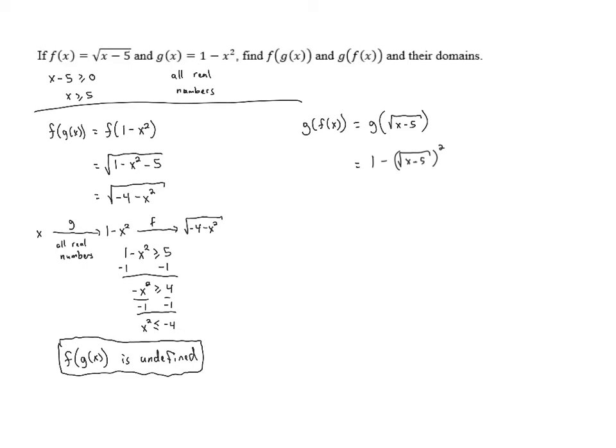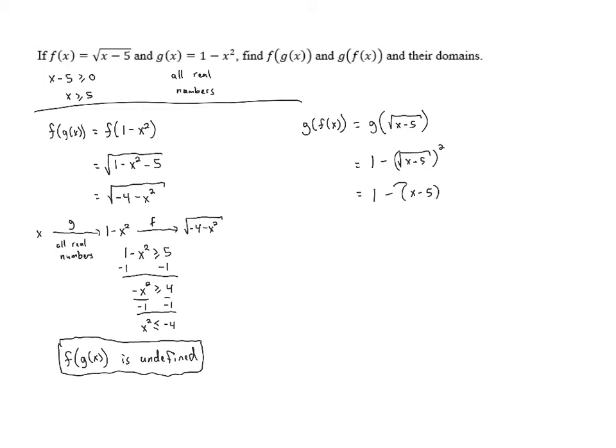Now we know that when we take the square root of something and square it, squaring cancels out the square root, and so this just becomes 1 minus the quantity x minus 5. But remember, we've got a domain issue when we do this, so we've got to be extra careful about the domain here.